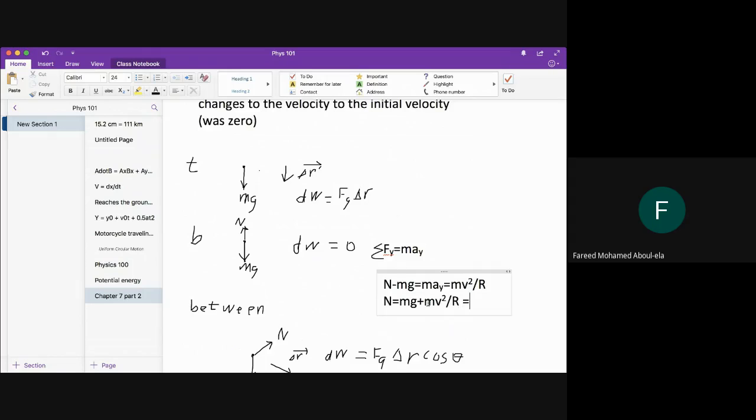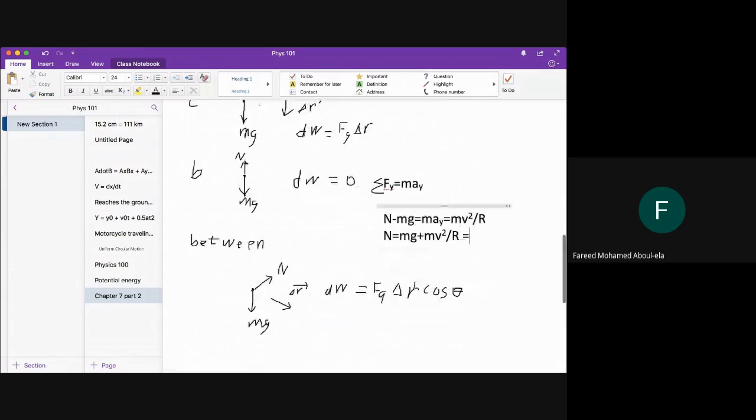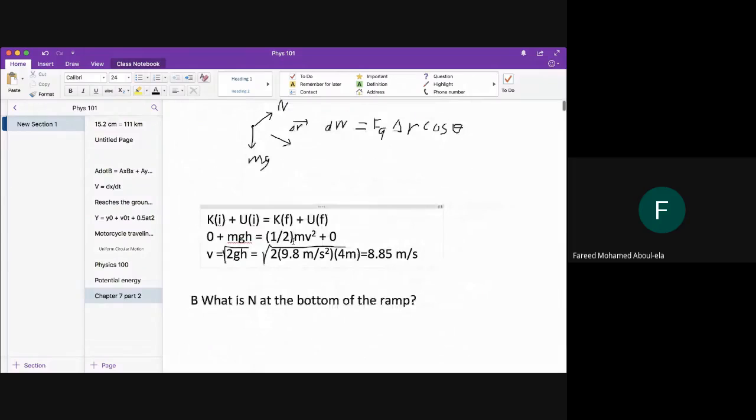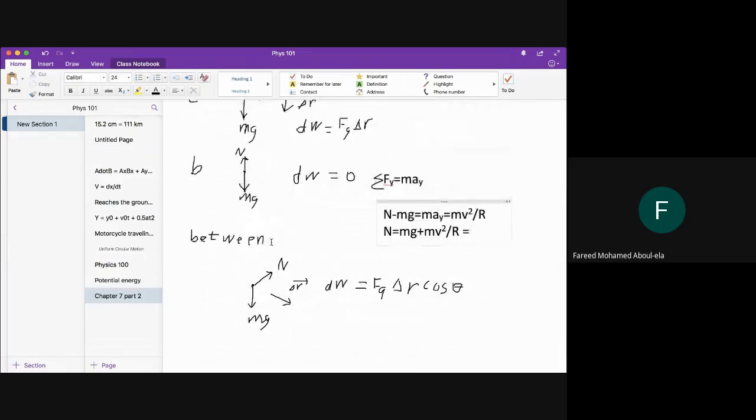And then when we substitute in the numbers, actually, we saw that mv squared is equal to 2mgh. So this is actually mg plus 2mg over r.